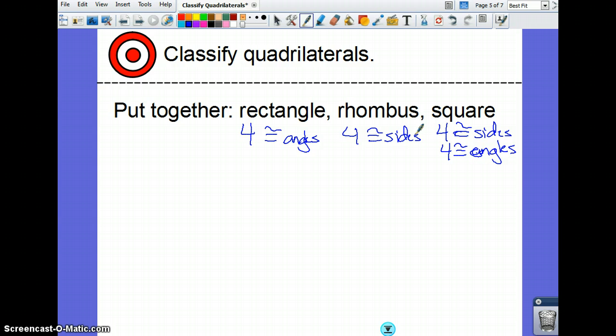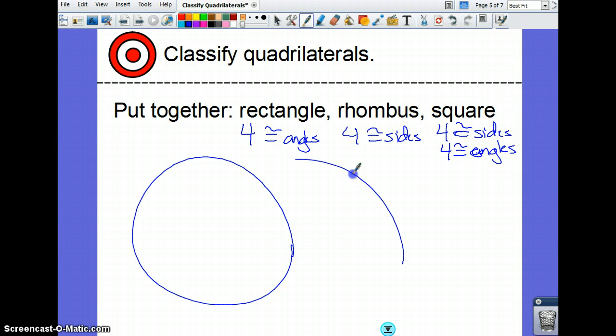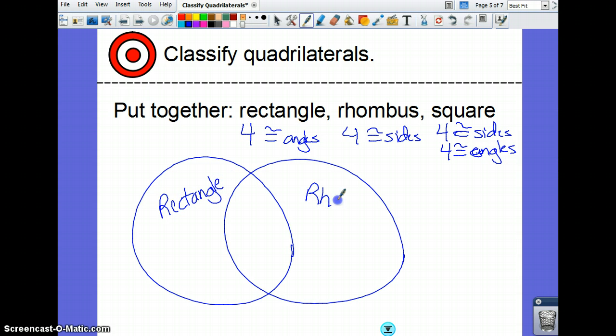Basically, the rectangle and the rhombus got together and had a baby, and it was a square. The rectangle contributes its four right angles, the rhombus contributes its four congruent sides, and together they make a square. So that is just putting together those three terms.